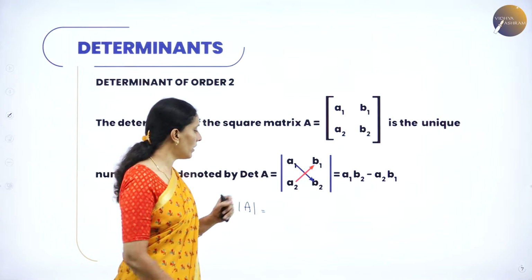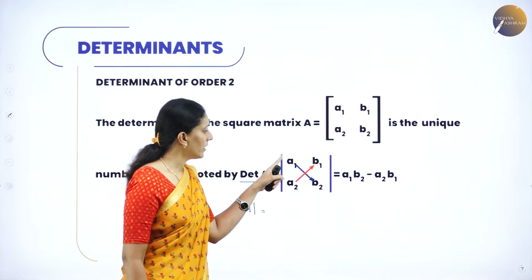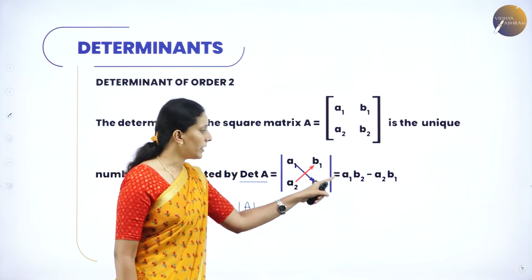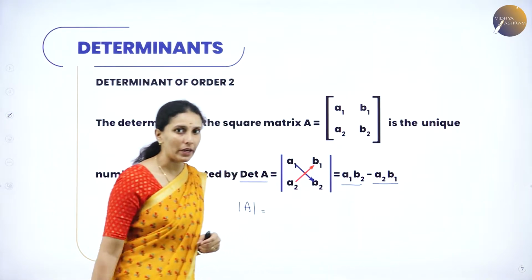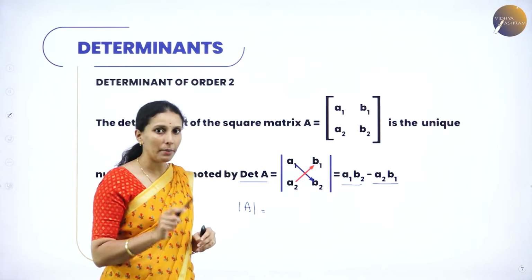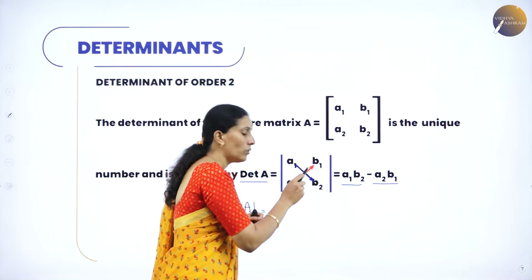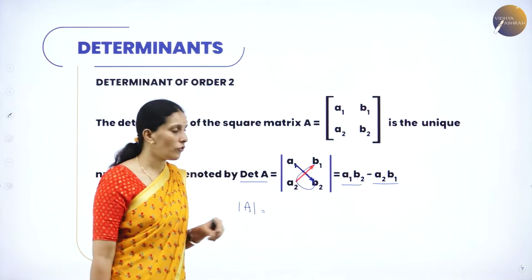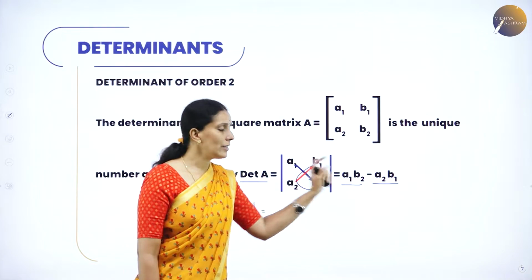So this is how we determine the determinant A or det A, and it is given by a1, b1, a2, b2, and it is equal to a1 b2, the product of a1 and b2, minus a2 b1. So for all 2 cross 2 square matrices, the value of the determinant is determined in this form only. That is a1 b2, change the sign, minus a2 b1. So for the second diagonal element, you have to change the sign and subtract.